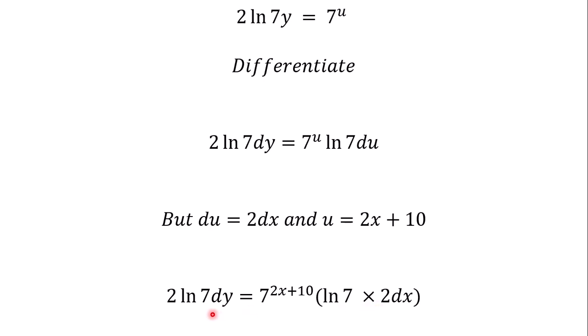Okay, good. Here when you multiply what is in the bracket, you're going to get 2 ln 7 dx, and it's the same thing here: 2 ln 7 into bracket 7 raised to the power 2x plus 10, dx.